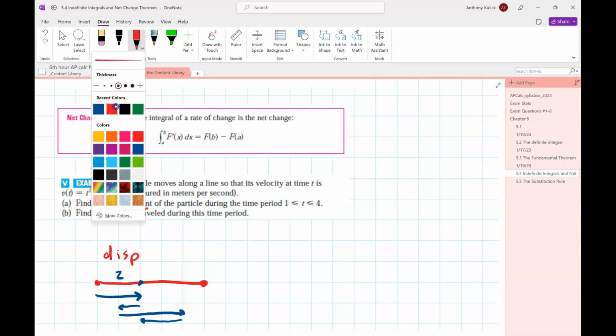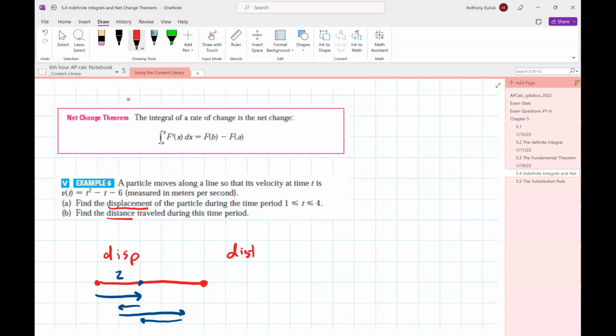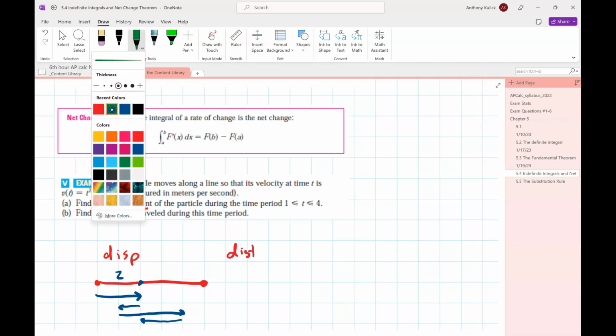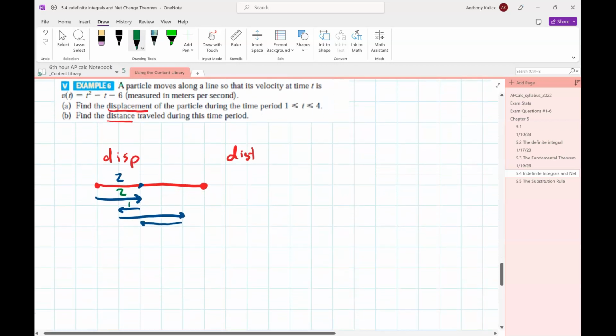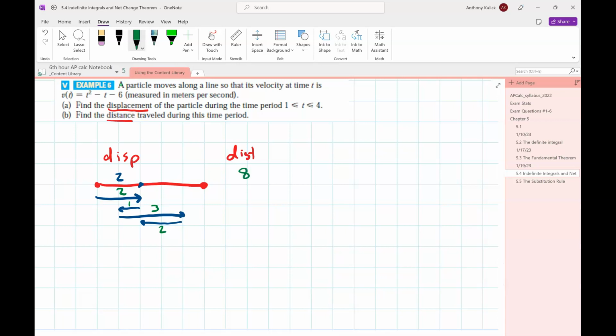The distance that we traveled, though, would have been 2, 1, 3, 2. So that would have been 8. Everybody kind of see the difference between displacement versus distance?